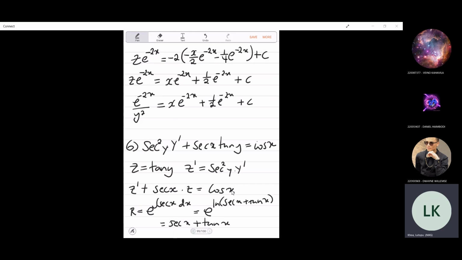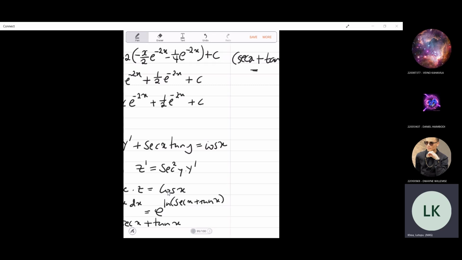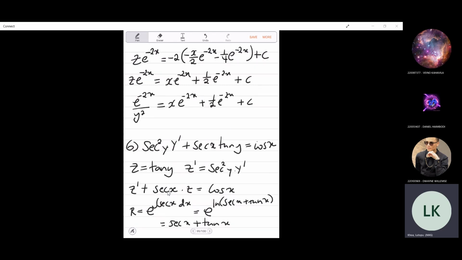So z is being multiplied by sec x times this, so we get z (sec squared x plus sec x tan x), and then on the other side we have cos x times (sec x plus tan x).